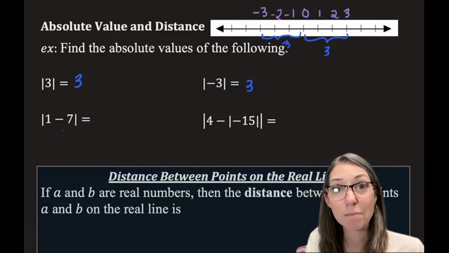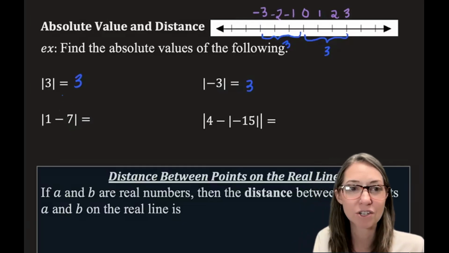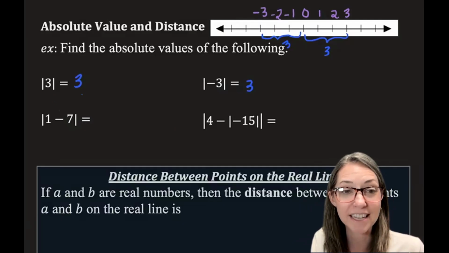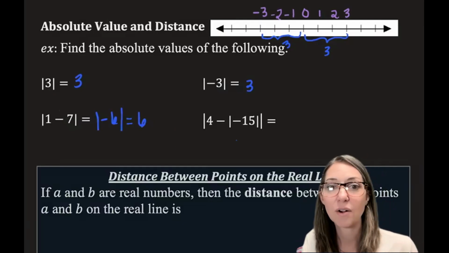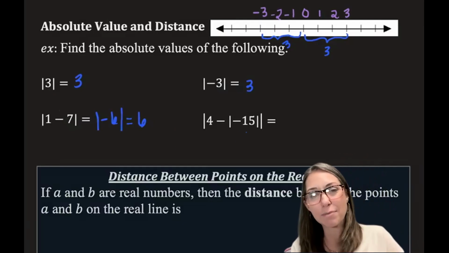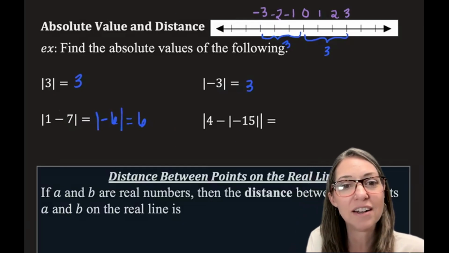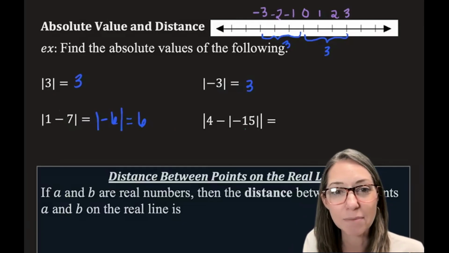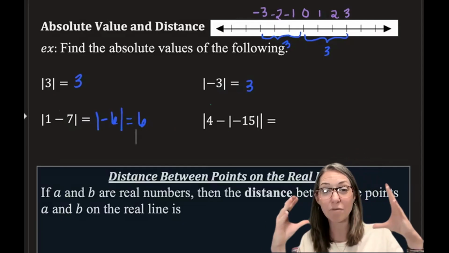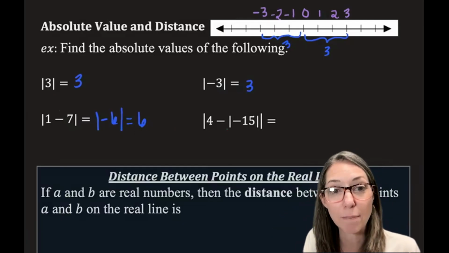If you want to find the absolute value of a more complex expression, such as the absolute value of 1 minus 7, that's equivalent to the absolute value of -6, or +6. Okay, this one is an absolute value inside of an absolute value, just to see if you know what you're doing here, right? The absolute value of 4 minus the absolute value of -15. We're going to work our way from the inside out because of order of operations.